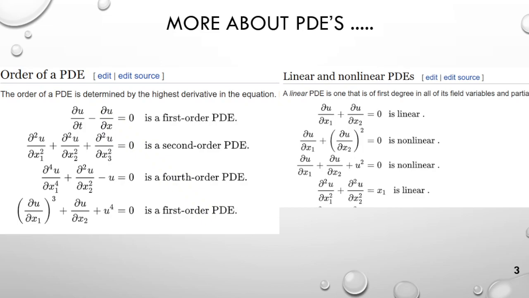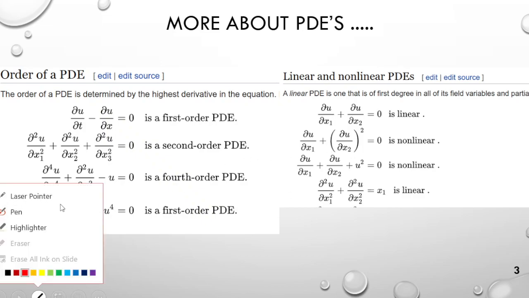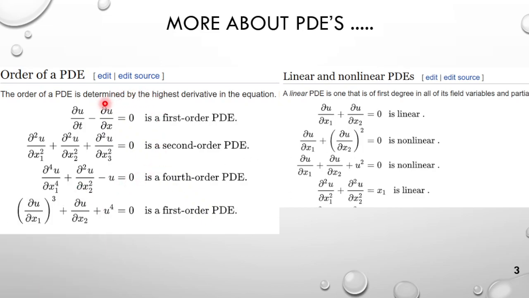So the order is determined by the highest derivative which is there. It can be first order, second order, or third order, but the meaning of order is the highest one which is there. You can see the examples in this picture. And then you have linear and non-linear partial differential equations.